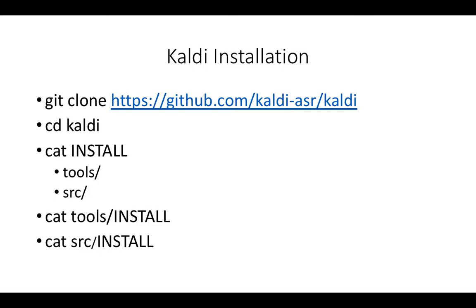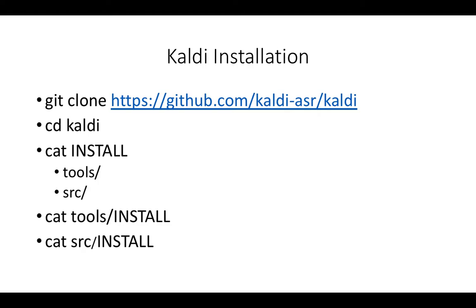INSTALL is a text file, and you will see some commands which should be run in order to install the tools and the source directory. If we go to the tools directory and then cat INSTALL, we will also see some commands which are used for running the Kaldi tools installation.